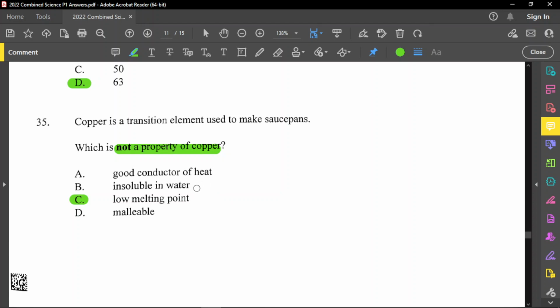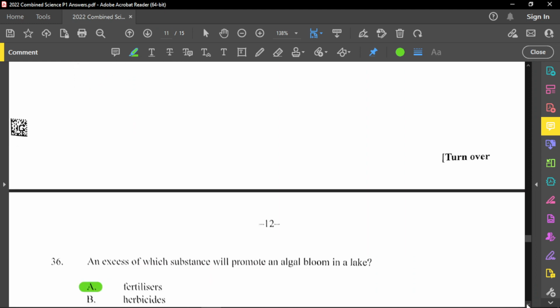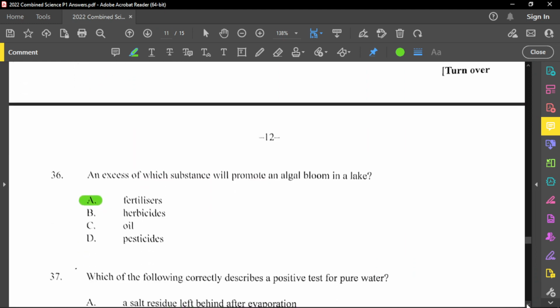Imagine you throw water in the pot and the pot dissolves in the water. Low melting point, because of course you do not want the pot on the fire to start to melt. Malleable, which means it could bend into shape, which you mentioned earlier. So definitely low melting point is not a property here, because the saucepan needs to be able to absorb heat without melting.